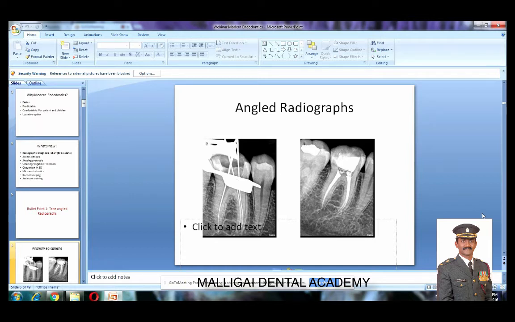Again, you can see that the gutta-percha point has reached the working length in both the mesiobuccal and the mesiolingual as clearly seen on the radiograph. When you move the tube towards the mesial, the canal which moves towards the mesial is the lingual canal. This is applying the slope rule.